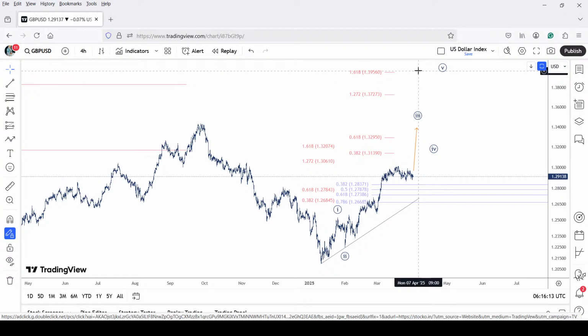That is 1,000 points or 1,000 pips from the current levels. So from a trading point of view, it's good to remain on the long side, or maybe you can initiate further longs or add further longs around the current price as well. The stop loss projected is around 1.25.